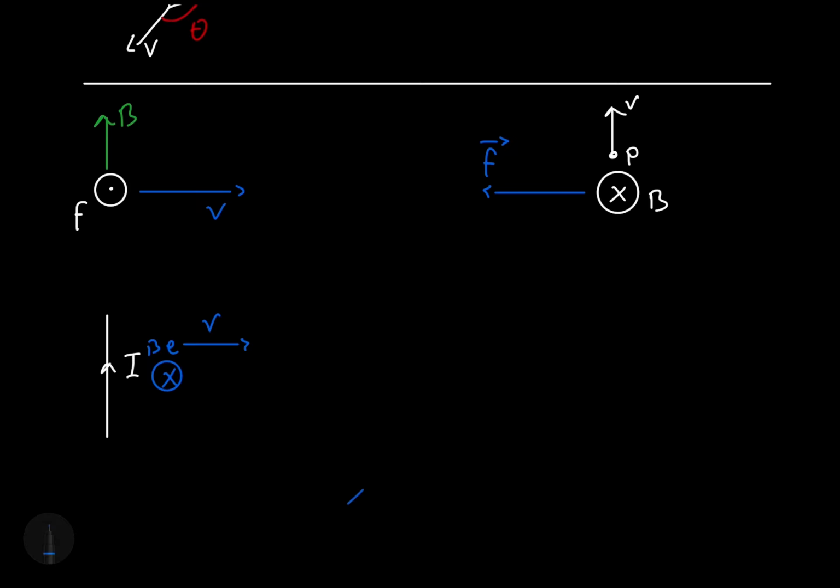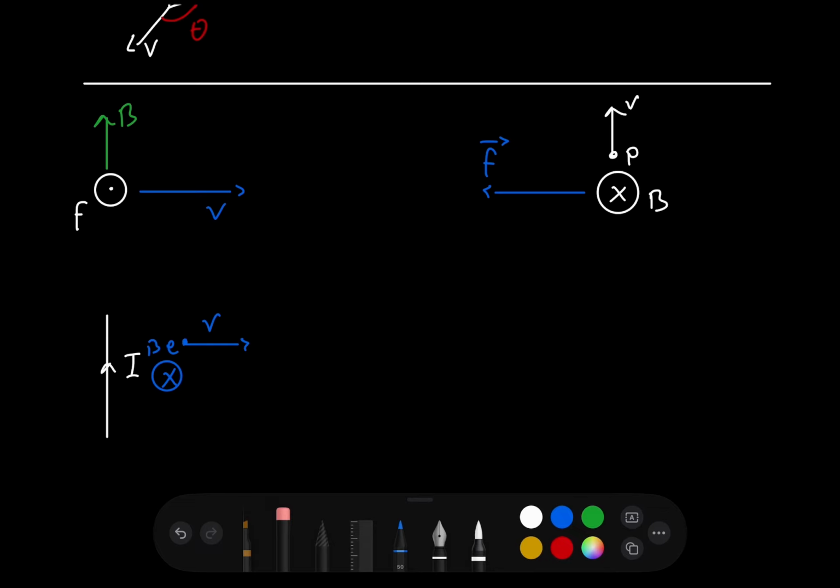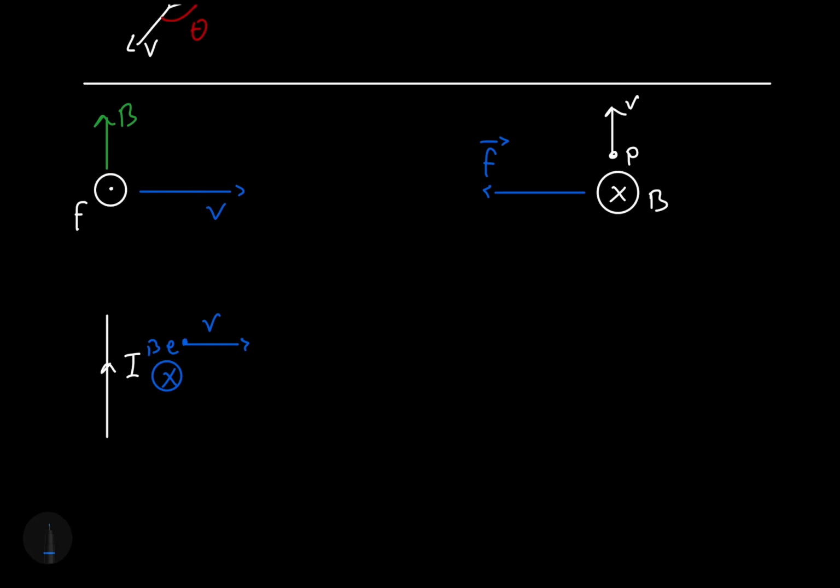Since the electron is moving to the right, let's find the direction of the force. Your four fingers would have to be facing into the page, and the velocity vector is going to the right, so your thumb should be facing right. If you do that, the force would be upwards.